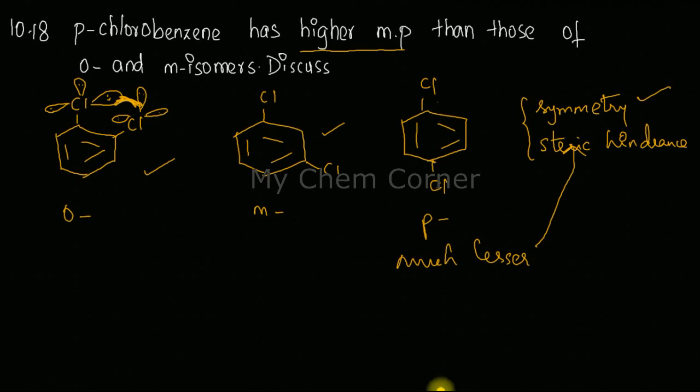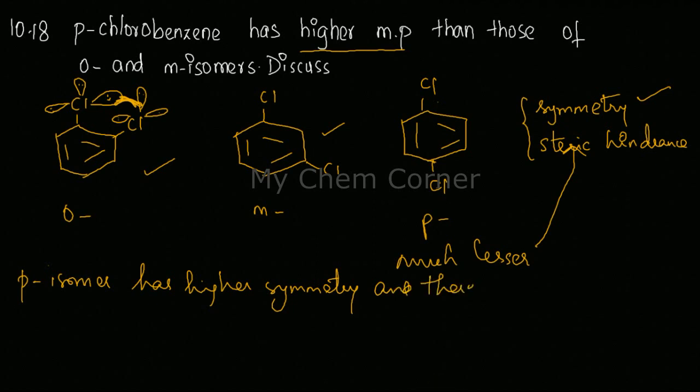Alright, so here we can say that the para isomer has higher symmetry and therefore fits into the crystal lattice. So this is point A.